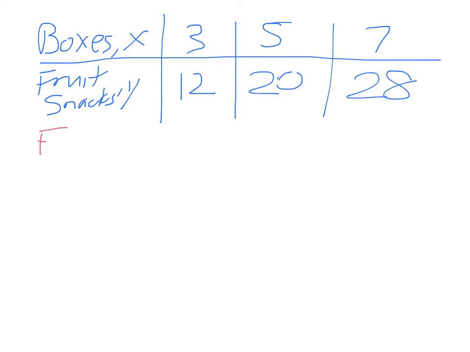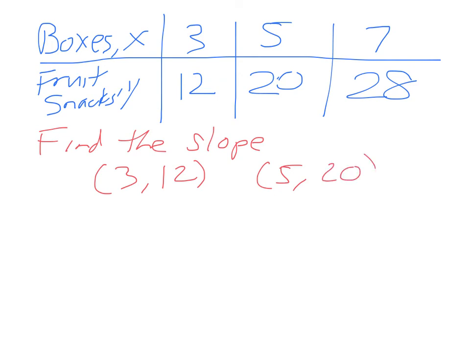So we're going to find the slope first. To find the slope, all I really have to do is pick any 2 of the 3 pairs of numbers. Let's say I pick 3, 12, and I'll write it as an ordered pair, and 5, 20. Now I can call this x1, y1, and this x2, y2, and find the slope.